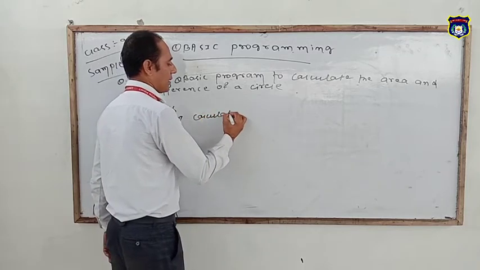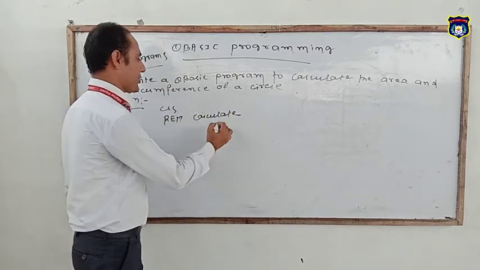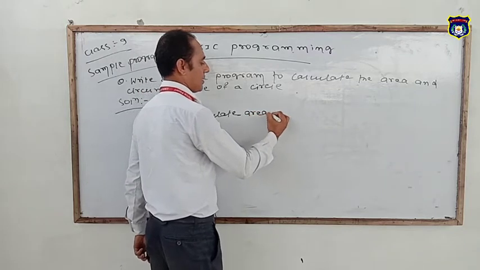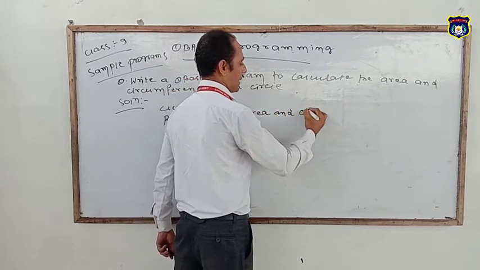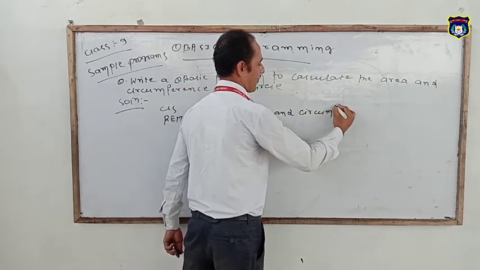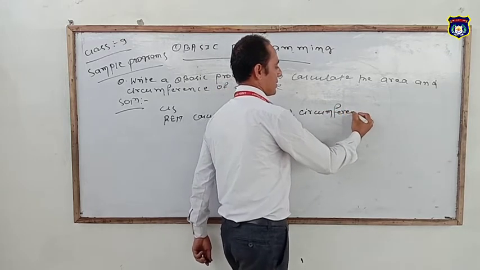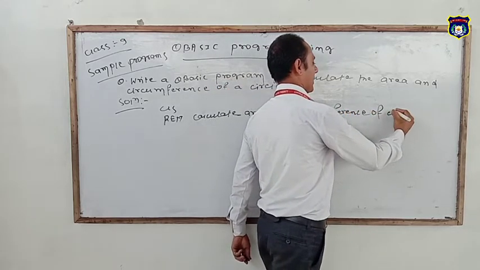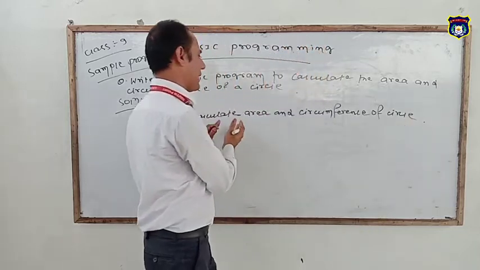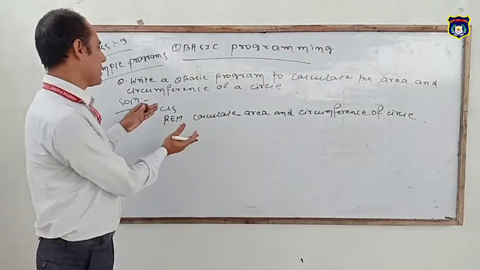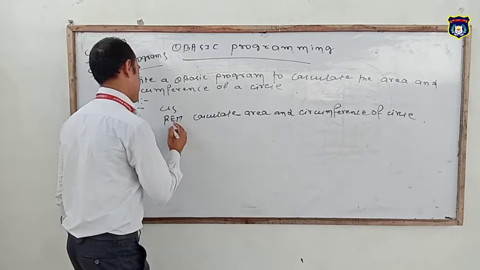Write the heading; it does not execute into the output. Calculate area and circumference of circle. Just take this for the heading. When you open the program, this type of program is generated.